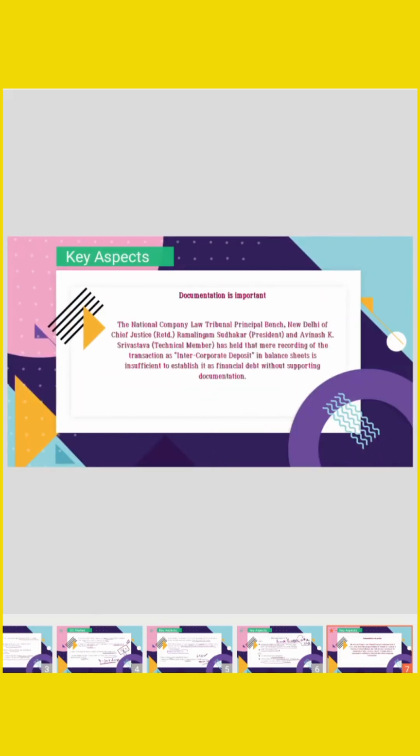Now, one very important point is, since there are no very specific guidelines related to ICD as such, except the provisions of section 186 which we are going to read now, prior to that we need to note that documentation is very important because it's a one-to-one transaction between two corporates.